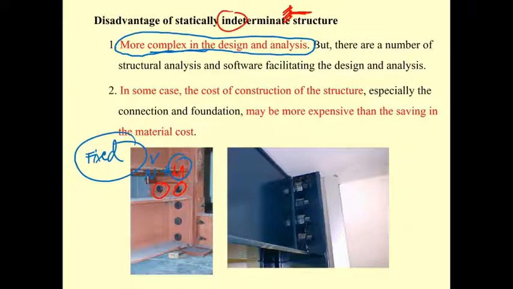But for the reinforced concrete beam, these joints will be automatically linked together by using the reinforcement and the casting of the concrete.